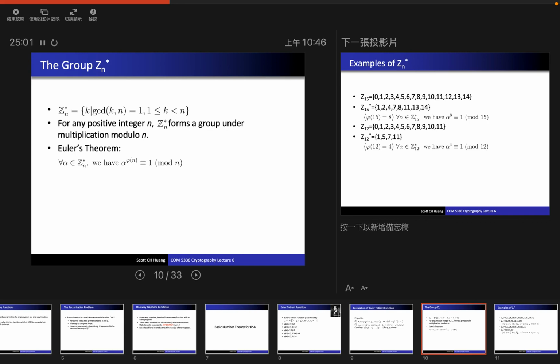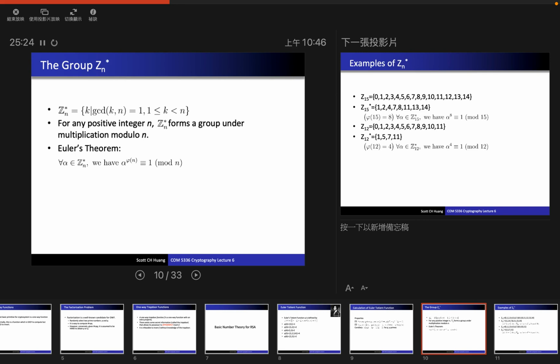So let me give you an example. Take anything. We won't take 1 because it's trivial. Alpha to the power of phi 12 is congruent to 1 mod 12. That's the first example.